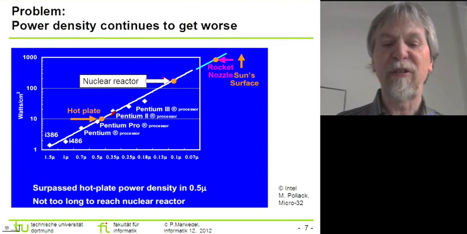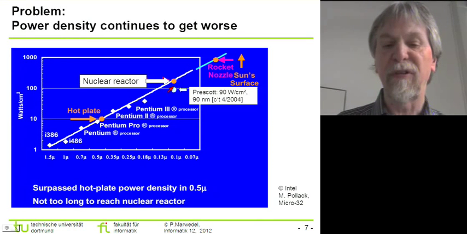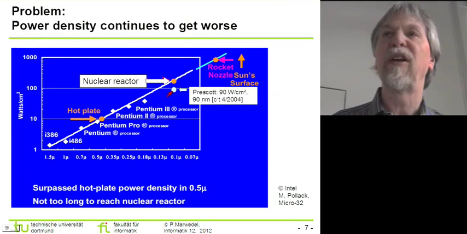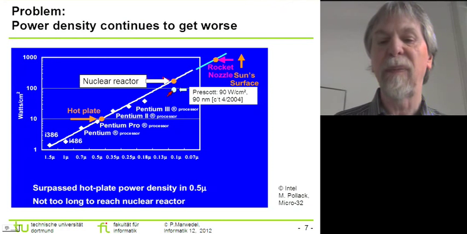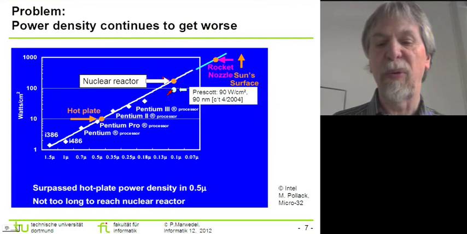And we see that this followed more or less a straight line. Then for a certain generation of processors, there was a certain deviation from the straight line, but still the power density is very high.